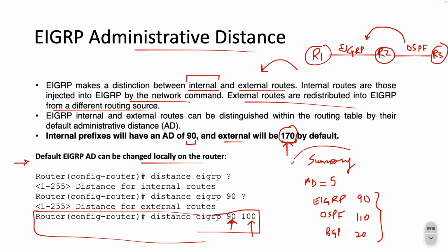And the summary route, if I'm performing any summarization of routes, will have an AD value of 5 by default. All right, any question from anybody? Is it clear?